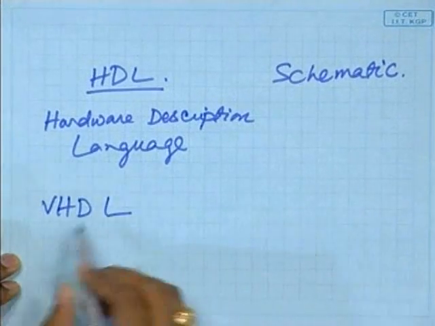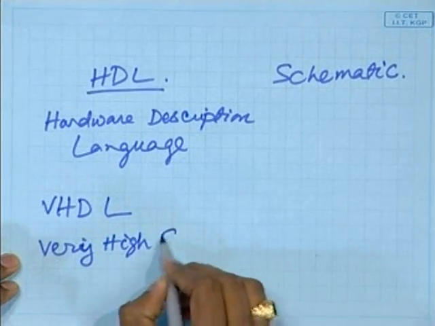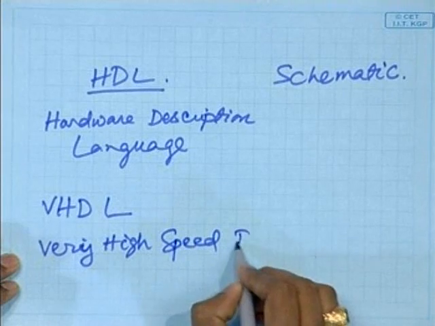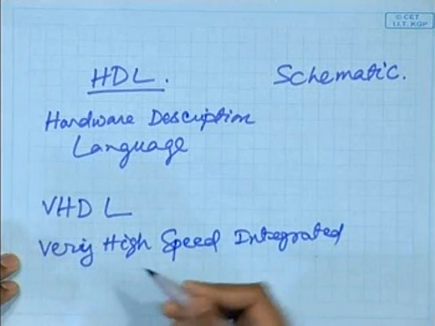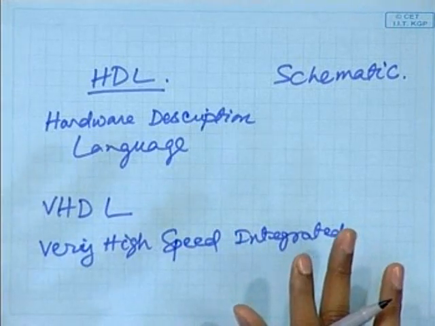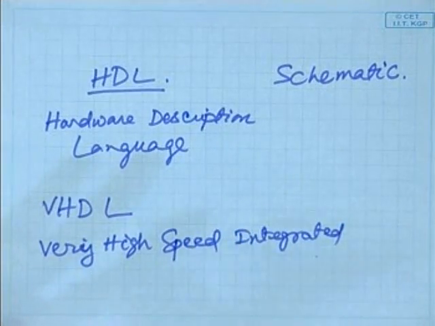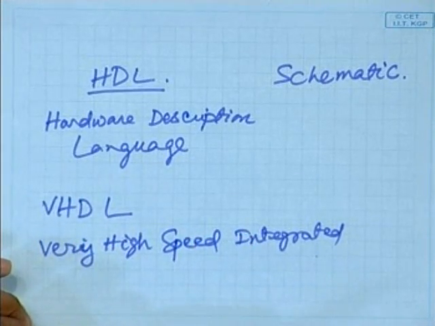VHDL stands for Very High Speed Integrated Circuit Hardware Description Language, right? So we have broadly two languages for the EDA tools, and the EDA tools take care of them after standardization.